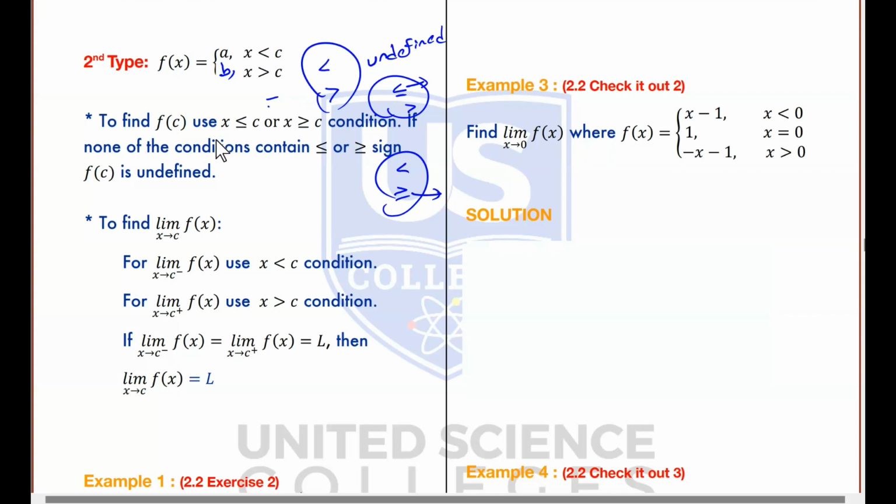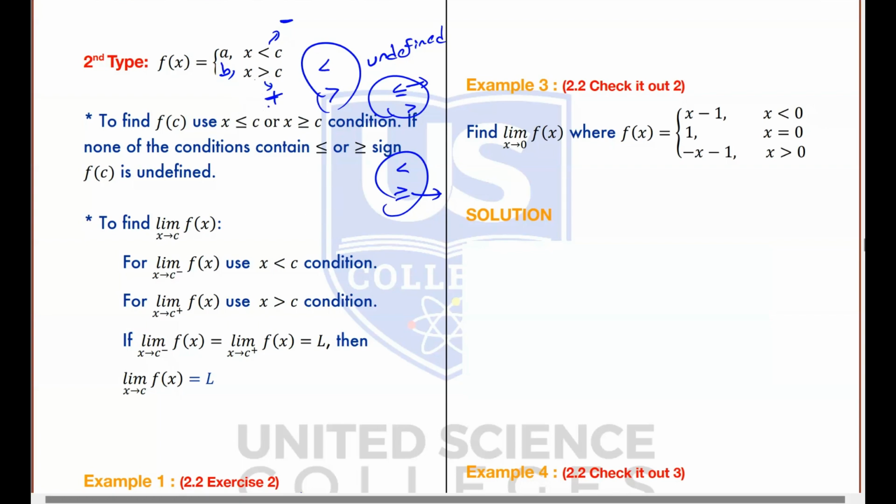To find the right side limit, we will check the greater than condition. If finding the left side and right side limits gives you the same value, then the limit exists, and that is the value of the limit.